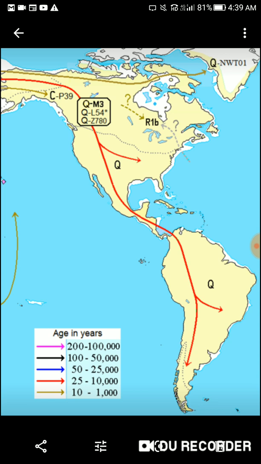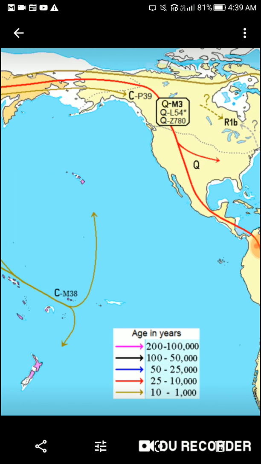So if you are a dark person that is considered to be African American, that has Native American ancestry from the paternal line, your people would be either a R1B or a Q or C. You would not be a E1B1A Bantu. You would not be a Hebrew Israelite at all.